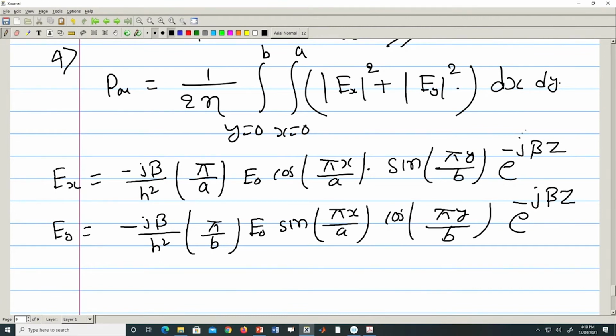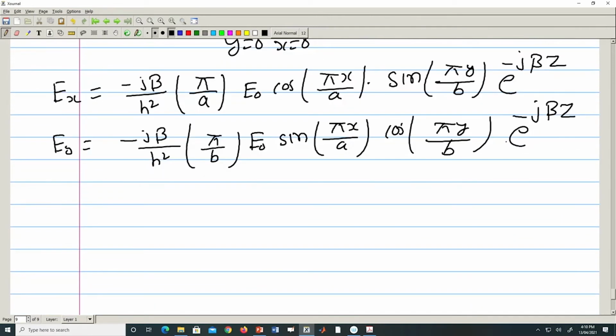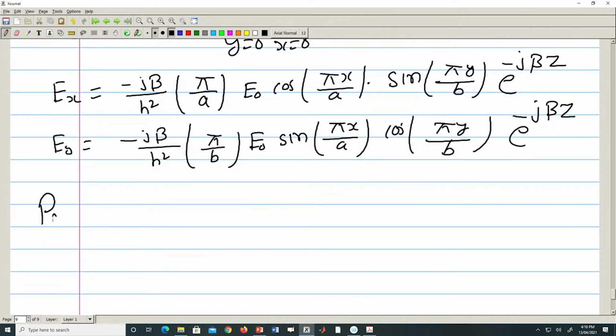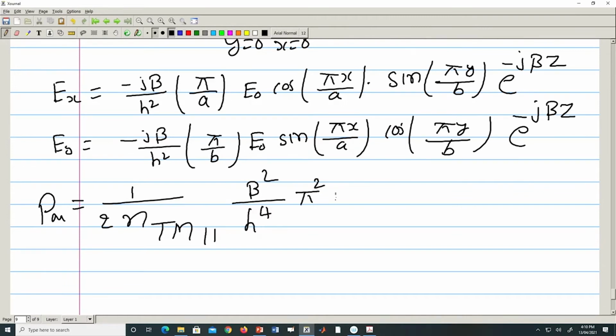So, this is the Ex and Ey, and we can substitute Ex and Ey in the average power formula, and we will get average power equal to 1 by 2 eta TM11, beta square divided by h to the power 4, pi square E naught square. Pi square is common, and then 1 by a square in the first part, and in the second part 1 by b square.